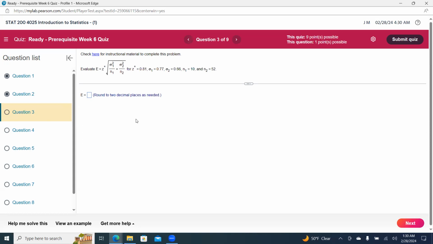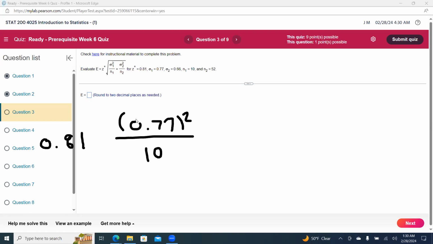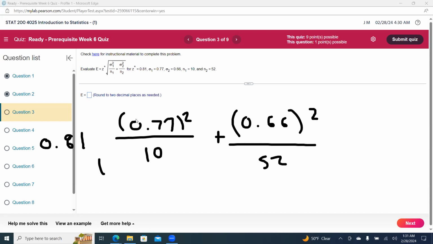I literally type it into my calculator this way. That Z star is 0.81. It's 0.77 parentheses squared over N1 plus 0.66, that's going to be squared divided by N2, the square root of the whole thing. So that's what I'm trying to type in.